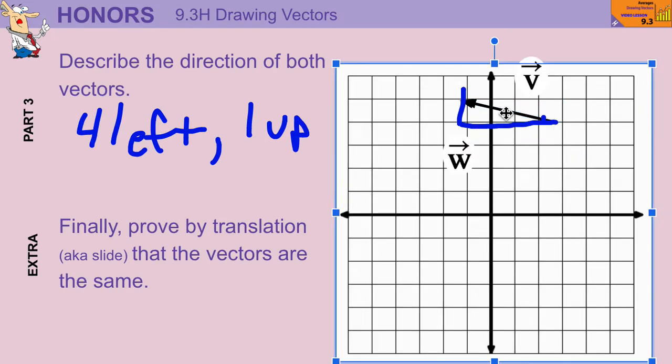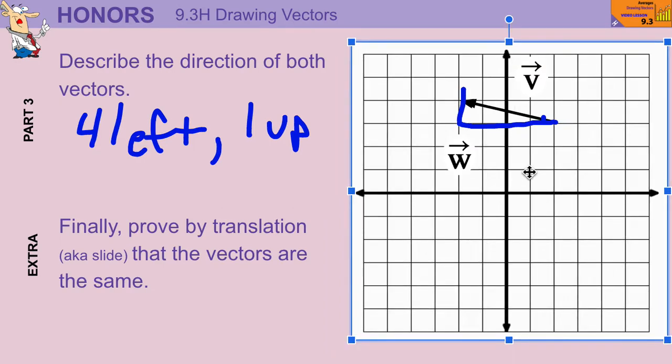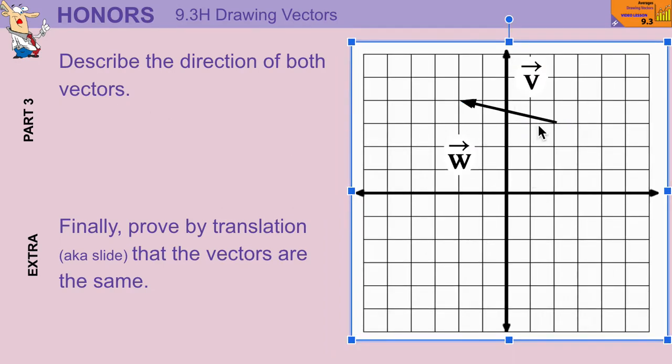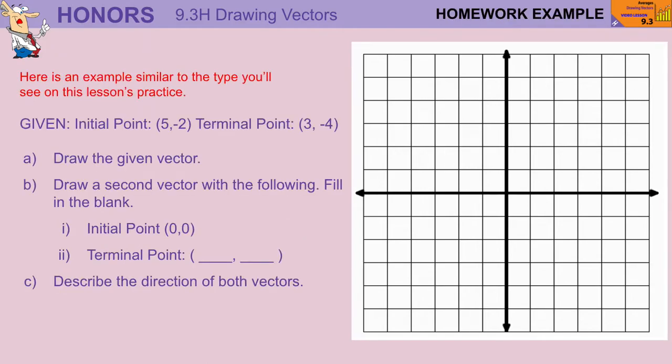Oh, that's not working. Anyway, we'll just clear the drawing, and we can see that these vectors are exactly the same. All right, so I don't think you'll be asked to prove by translation, but you will be asked for the first 3 parts. So let's look at an example that you'll find in the homework.